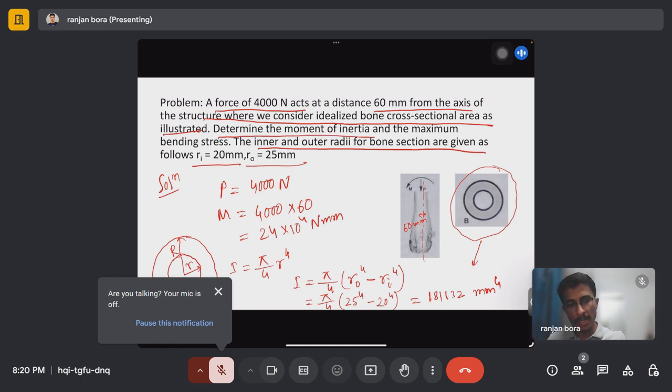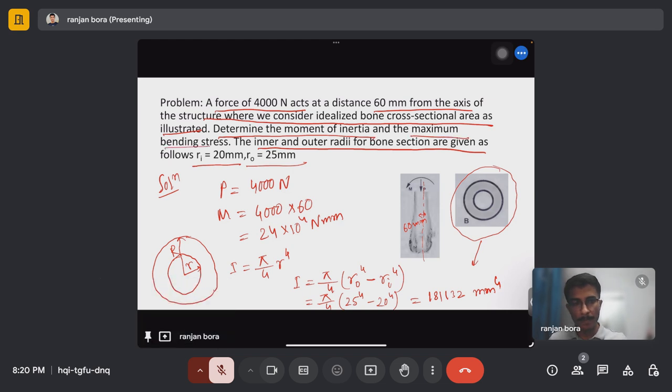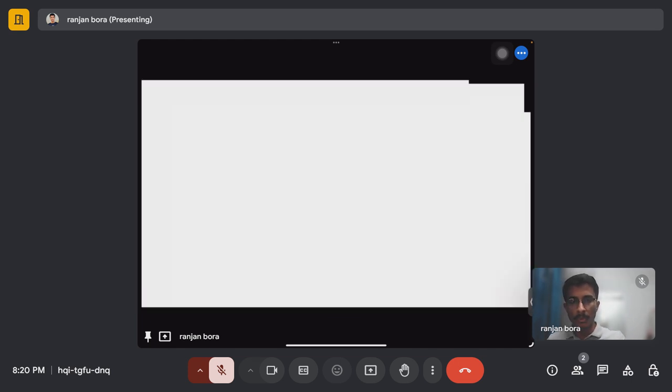Now what we need to determine? We need to determine the maximum bending stress. So how do we determine the maximum bending stress? There is one relation in bending.